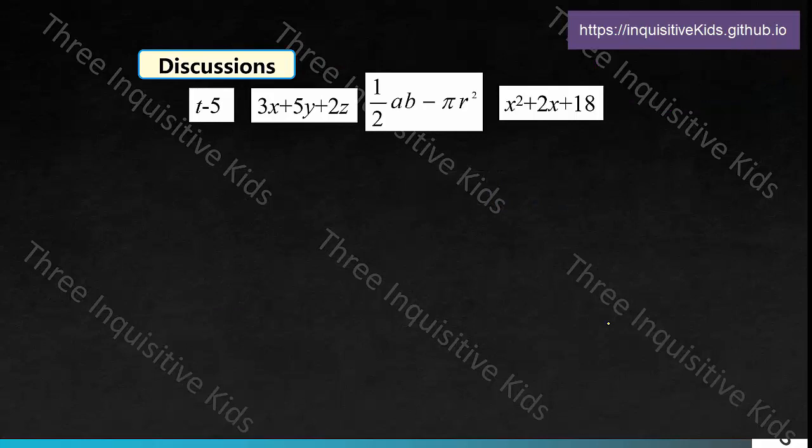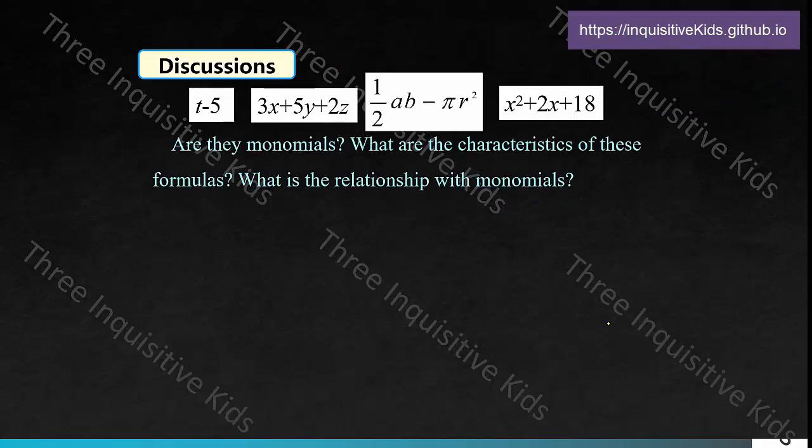Now we have some discussions. Looking at these algebraic expressions up here, ask yourself, are they monomials? What are the characteristics of these formulas? What is the relationship with monomials?